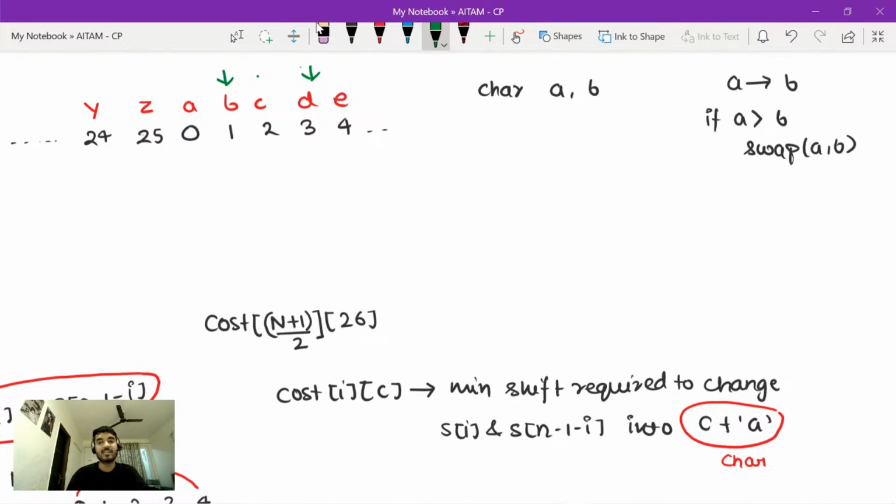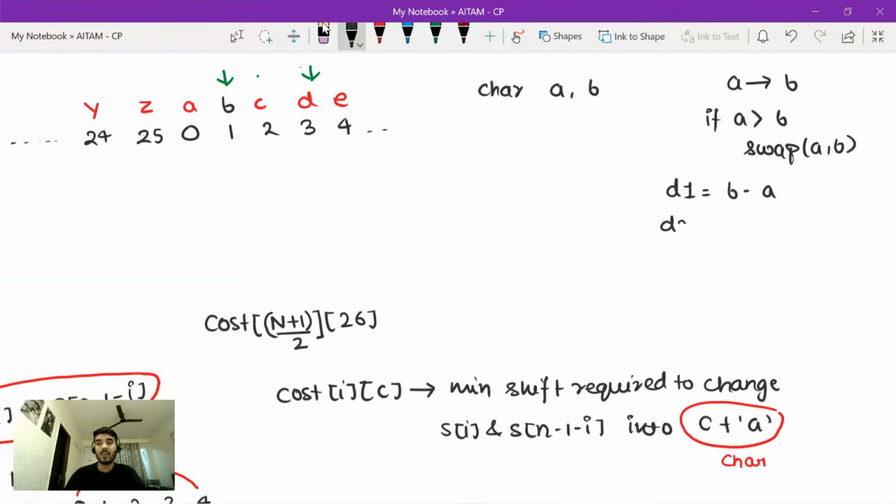Either I convert this B into D using this way, or I follow the circular order. Whichever takes the minimum, that will be my answer. So let's call this distance d1. So d1 is equal to ASCII value of b minus ASCII value of a. These many shifts you require.